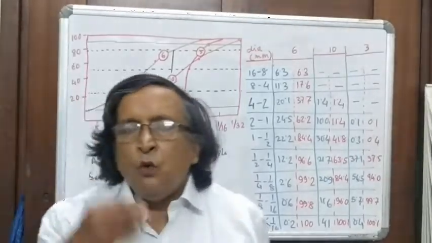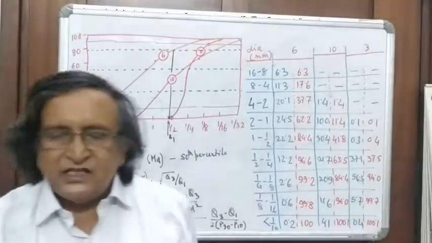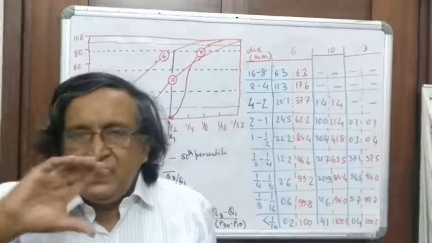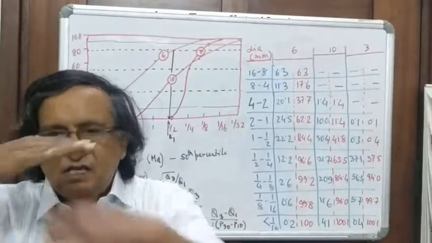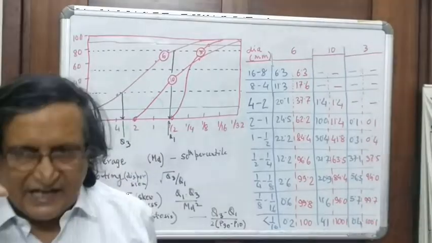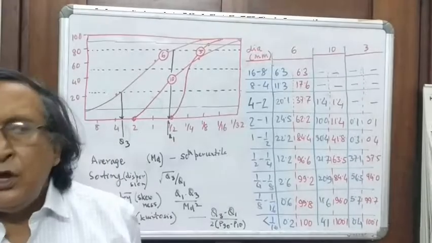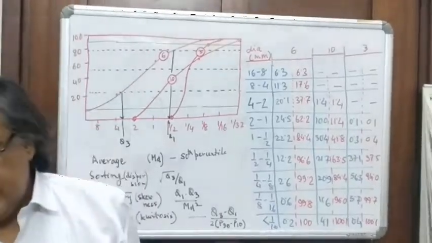We can find out the proportion, or the weight, of the sediments deposited on each sieve, indicating the sieve above and the sieve on which it is deposited, and they will give you the size range of it. This is also called the weight fraction, or it's also called frequency.